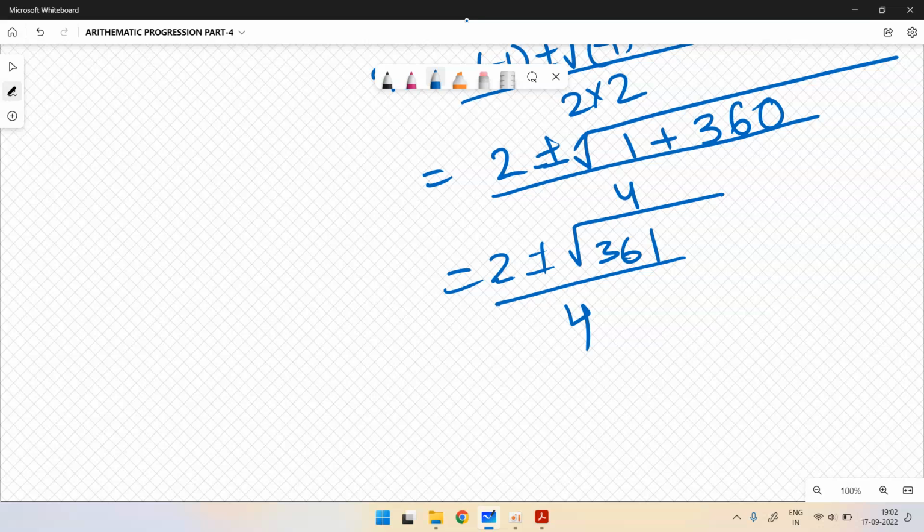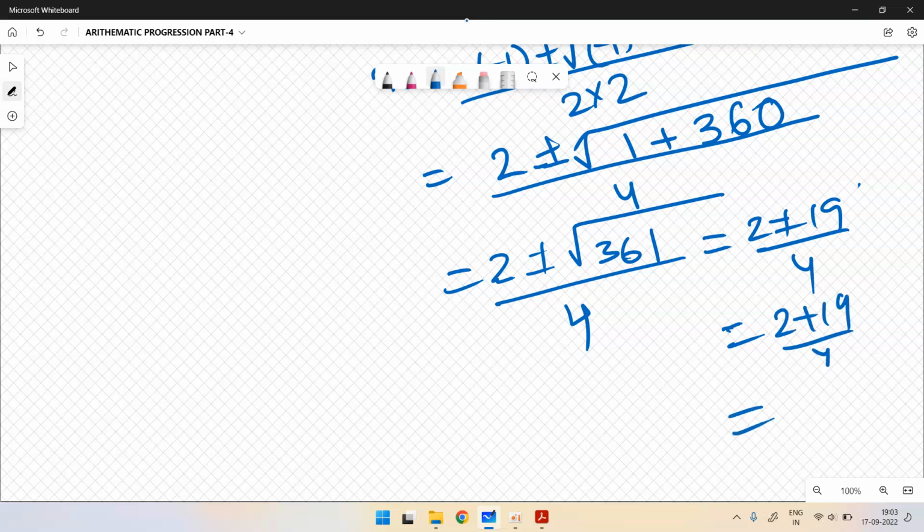So I can write it as 2 plus or minus 19 by 4. The negative value does not exist because n cannot be negative. So this is 2 plus 19 by 4, which is nothing but 31 by 4. This is not possible.